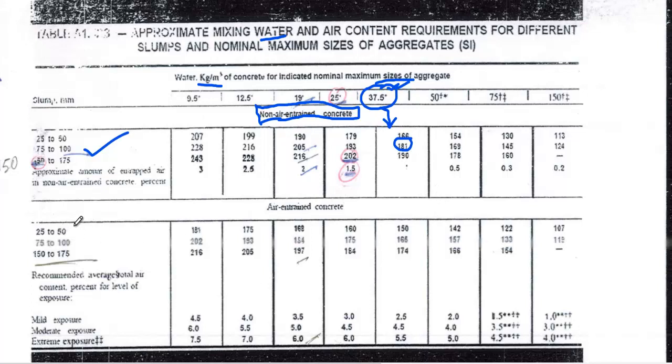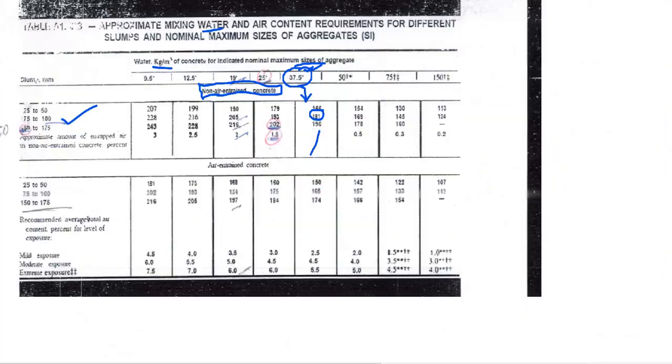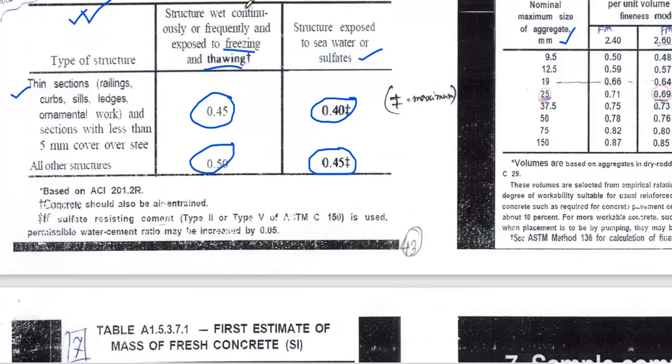Okay, so approximate amount of entrapped air in non-air entrained concrete, percentage. They have given nothing here, right? No information is given, but this chart was revised later on. I'll show you this one according to the code.